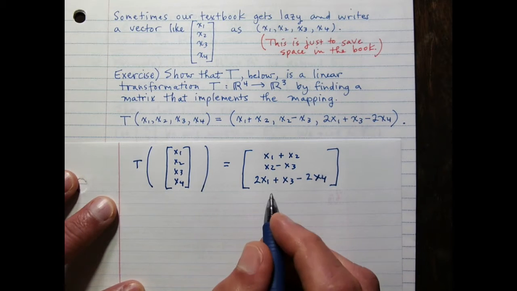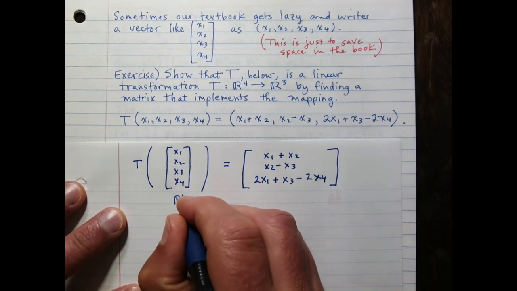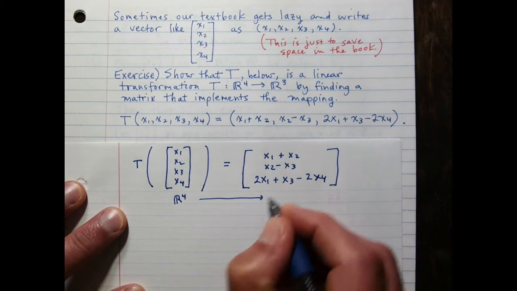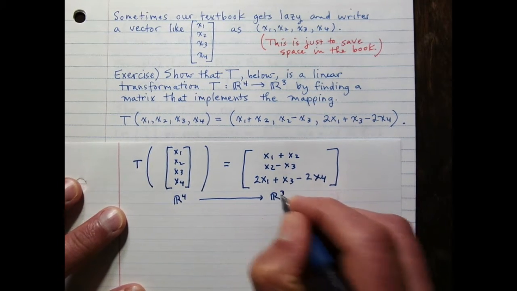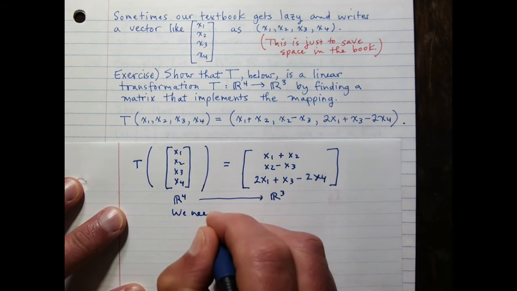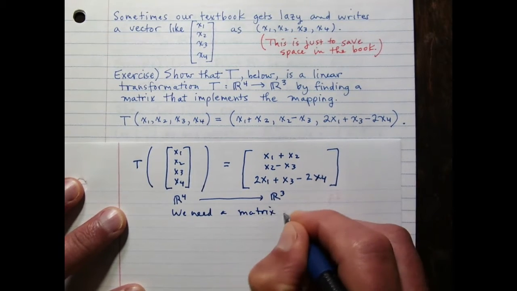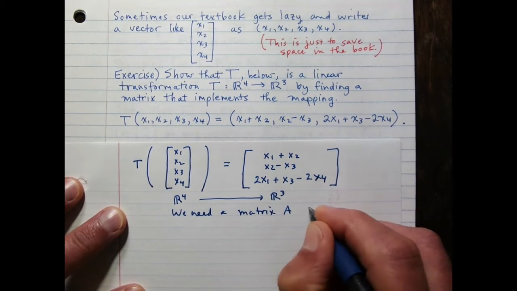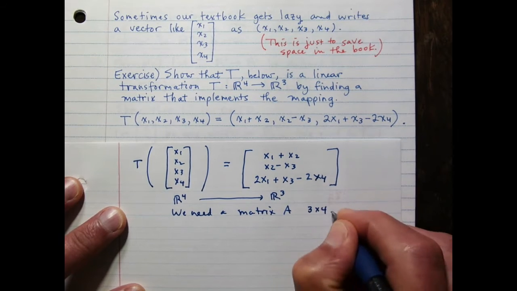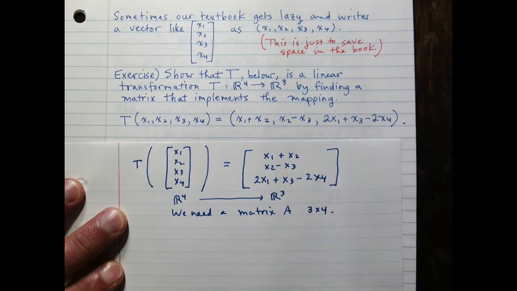So now how are we going to do this? Again, this is an R4 vector, and the linear transformation takes us to R3. So we need a matrix A that is 3 by 4, right? 3 rows, 4 columns, because we would turn those dimensions around to get our matrix.